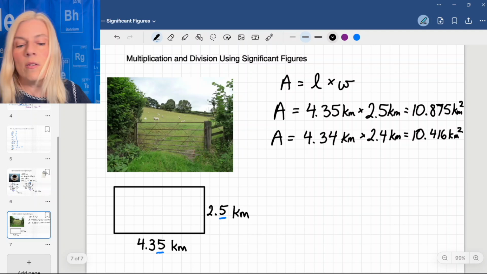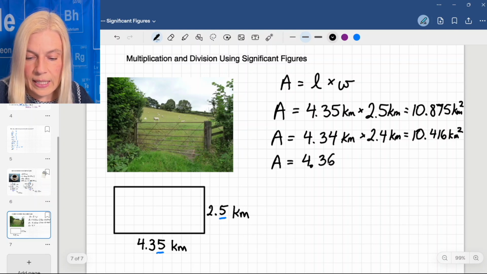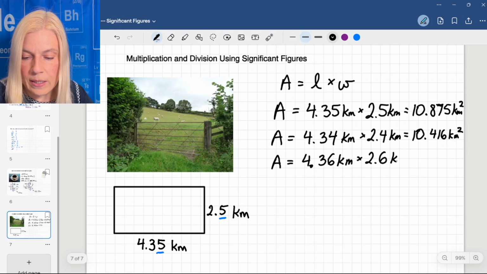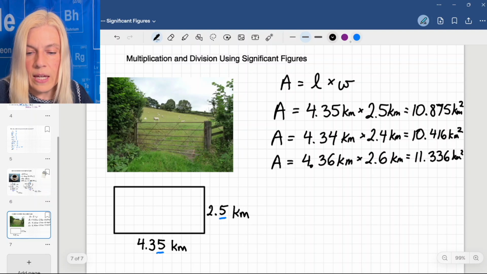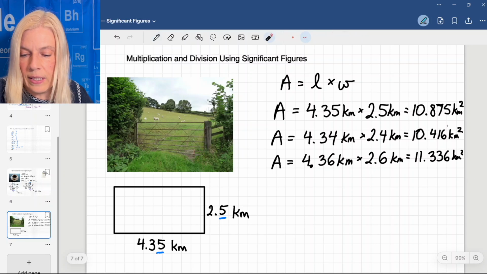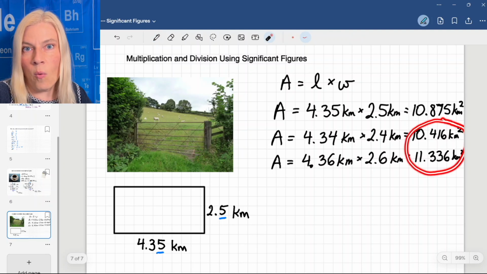But remember that 4.35 can also be 4.36, and the 2.5 could be 2.6, couldn't it? So I plug this into a calculator and I get 11.336 kilometers squared. So my area is actually, given my uncertainty in measurement, somewhere between these two numbers. One of them is the low-end estimate and one of them is the high-end estimate.